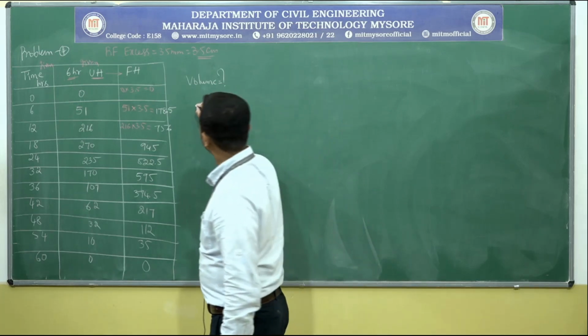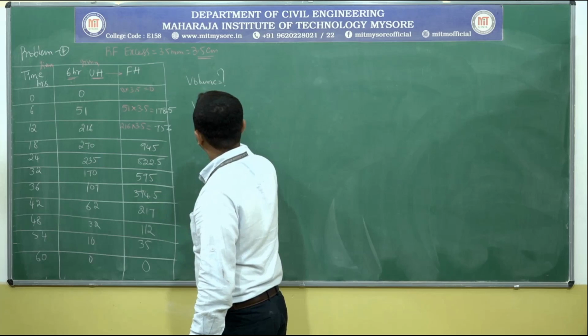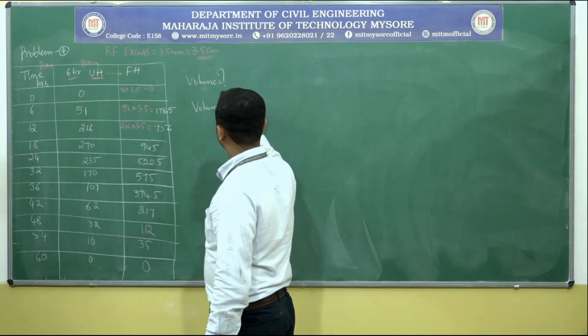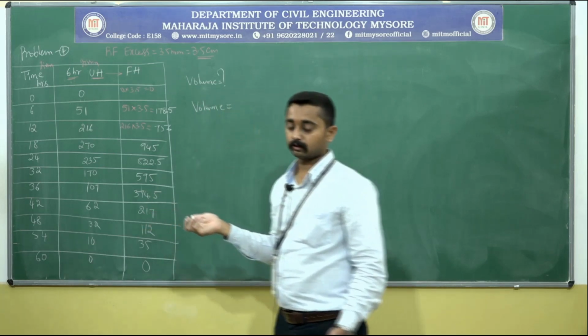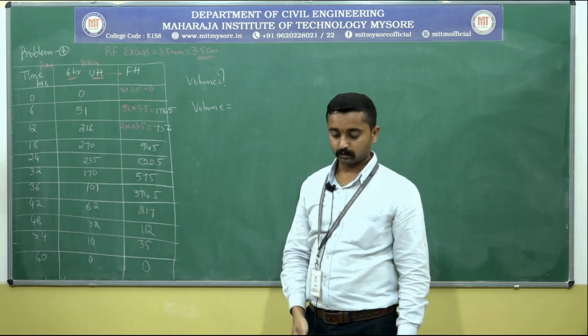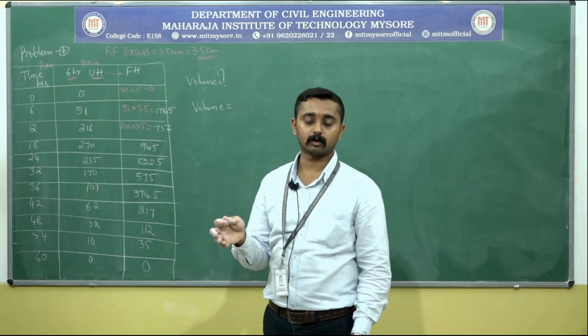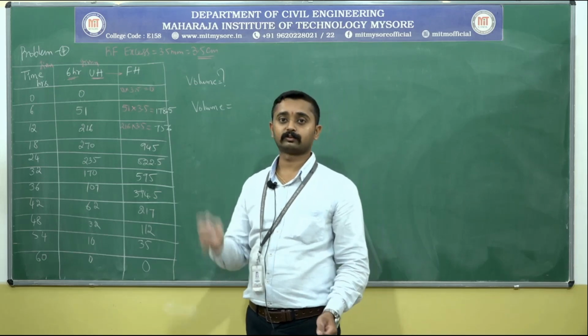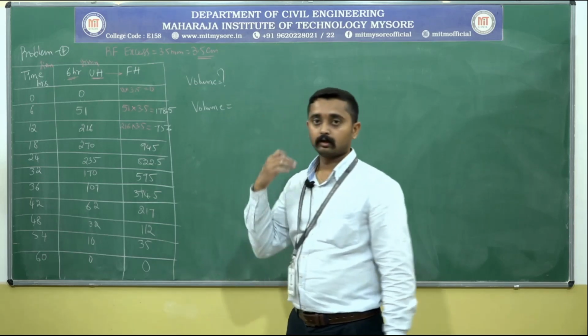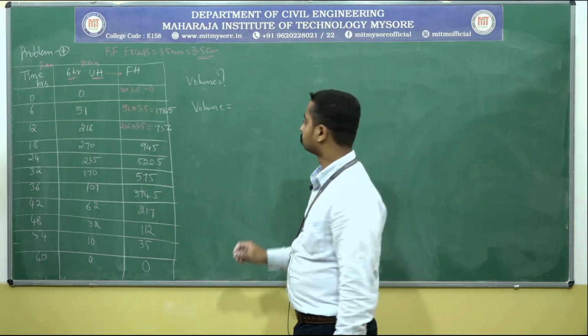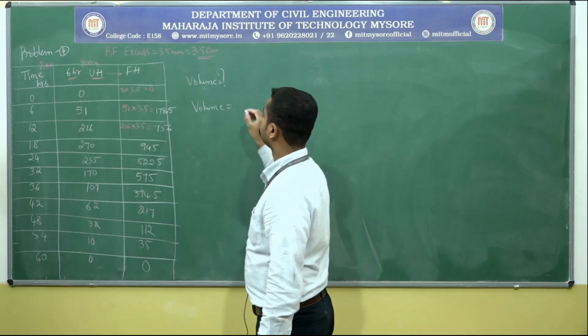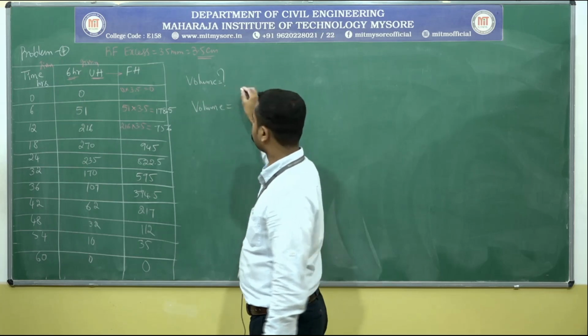I think when you were in third or fourth semester, you studied Prismoidal formula, trapezoidal formula, Simpson's one-third rule, all those things in surveying. Just take the application of such basic formulas.